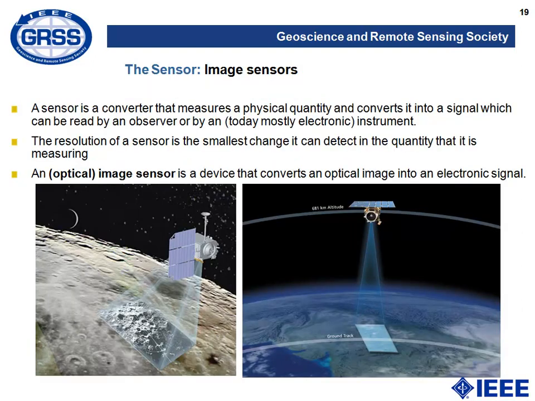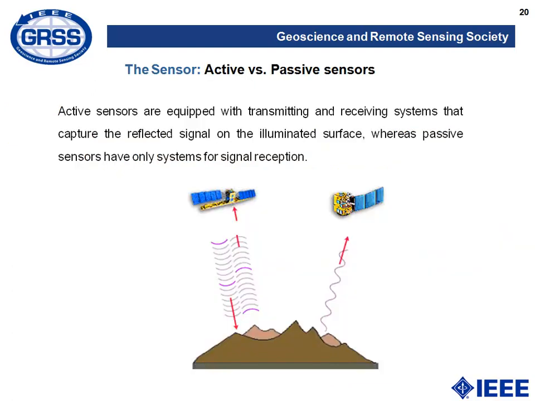The sensor is the main subsystem on board the satellite platforms in terms of Earth observation architecture. A sensor is a converter that measures a physical quantity and converts it into a signal. So an optical image sensor is a device that converts optical images into an electronic signal. As previously mentioned, we have two main types of sensors, active and passive.